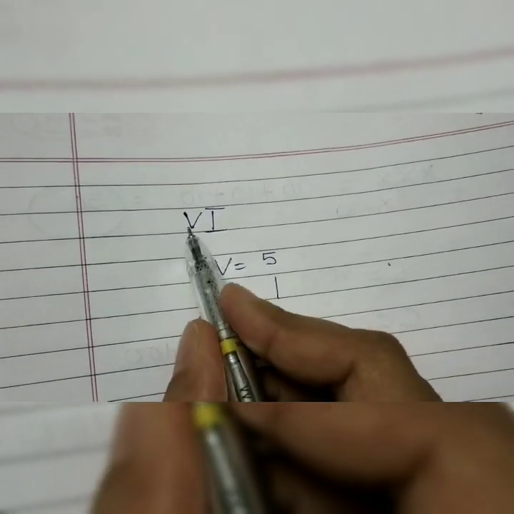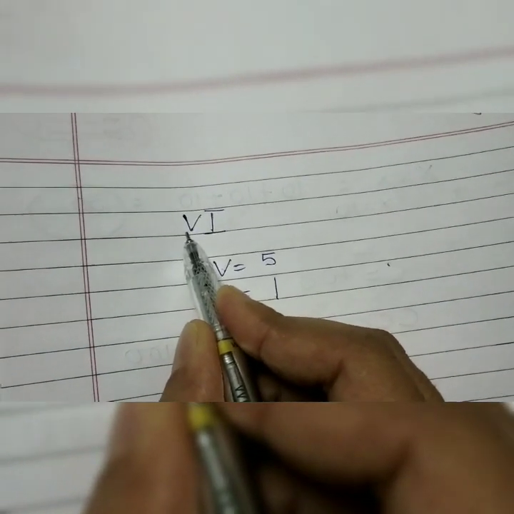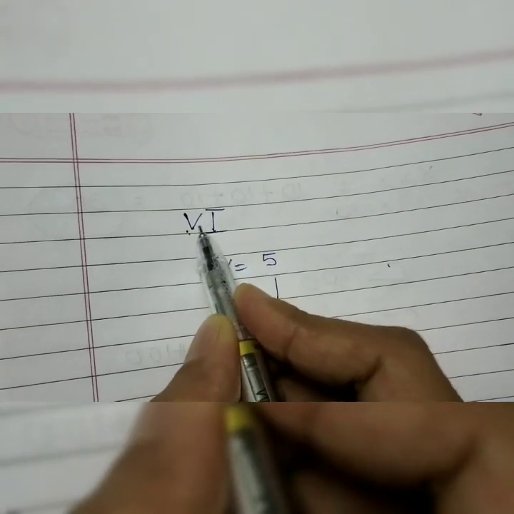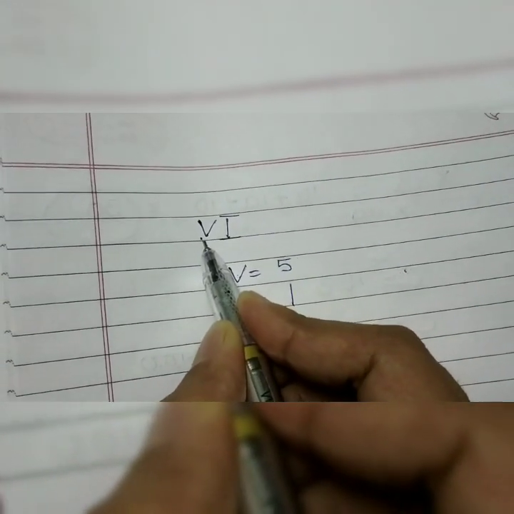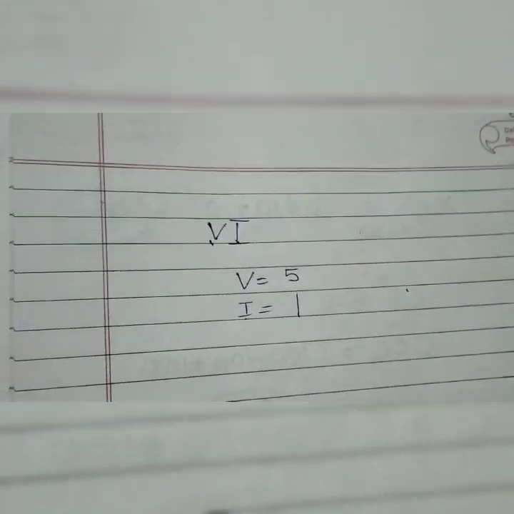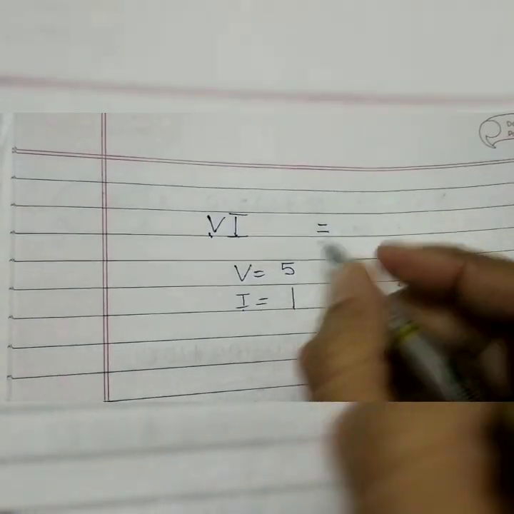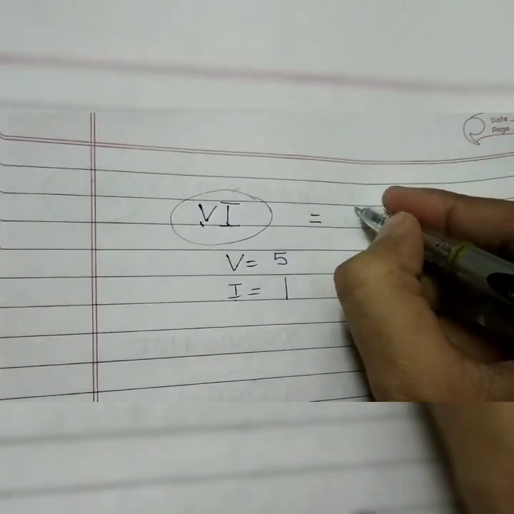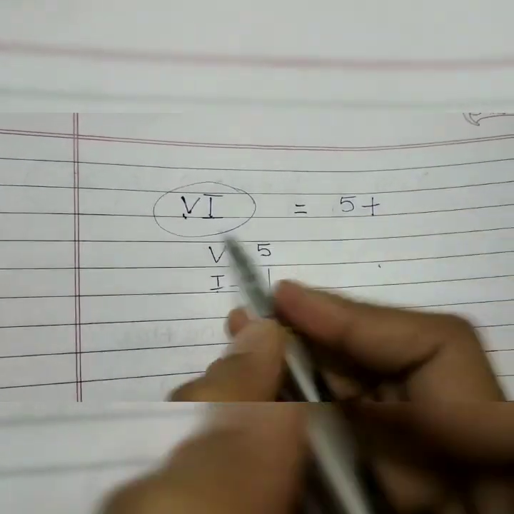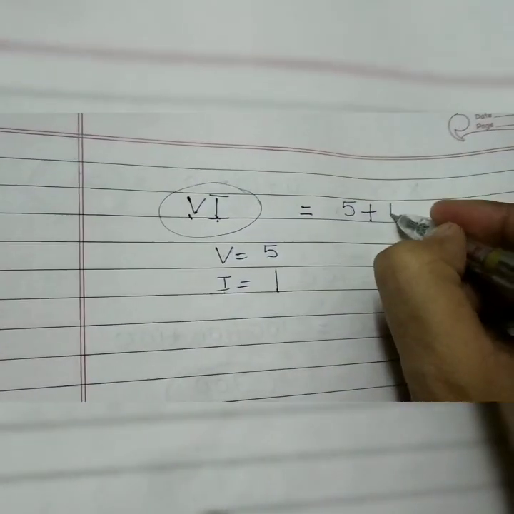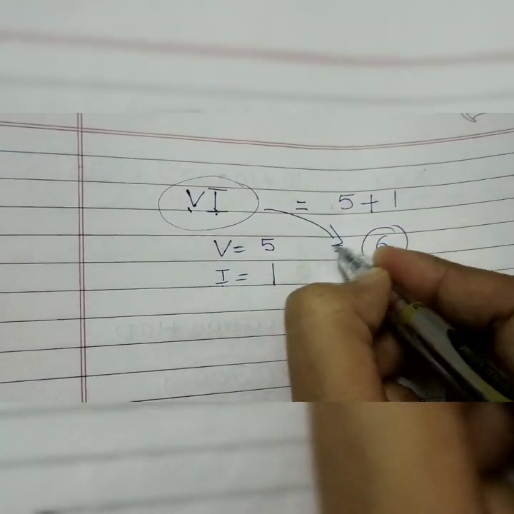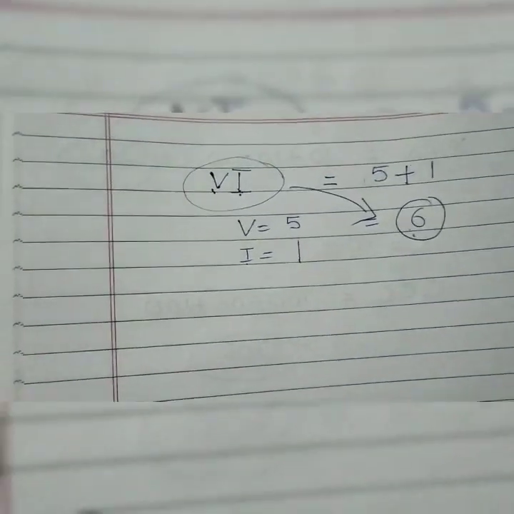If the larger value is written first, followed by the smaller value, then we will simply add these values. Now the value of V is 5 plus the value of I is what? 1. 5 plus 1 is what? 6. So VI is equal to 6.